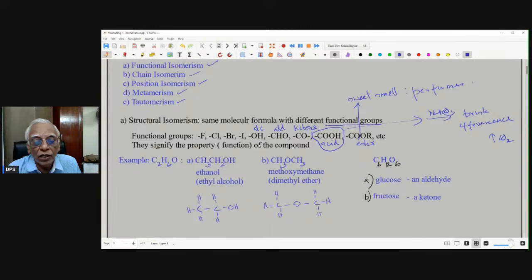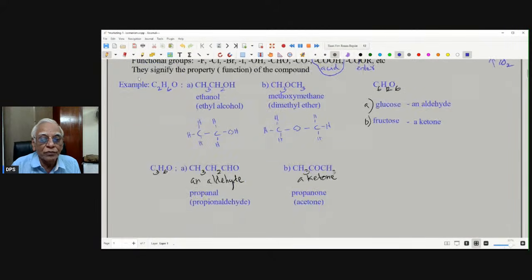Like that, alcohol, aldehyde, and ketone have different characteristic properties. That atom or group of atoms which is characteristic of a particular compound is called a functional group. They signify the property. Why is it called a functional group? Property means function, the function of the compound. Therefore, functional group.